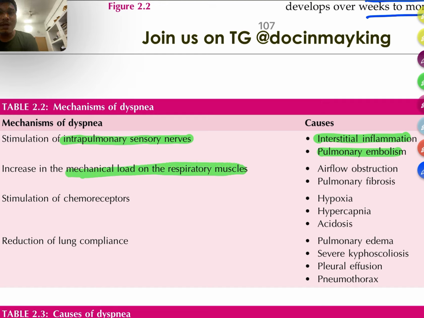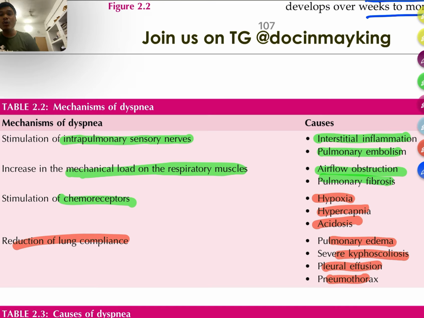If the load of the respiratory muscles increases, in cases of obstruction or pulmonary fibrosis, imagine a patient with pulmonary fibrosis who has to breathe forcefully; obviously the patient will get difficulty in breathing. Next is stimulation of chemoreceptors, as in hypoxia, hypercapnia or acidosis. Last is reduction in lung compliance, in cases of pulmonary edema, severe kyphoscoliosis, pleural effusion, and pneumothorax.